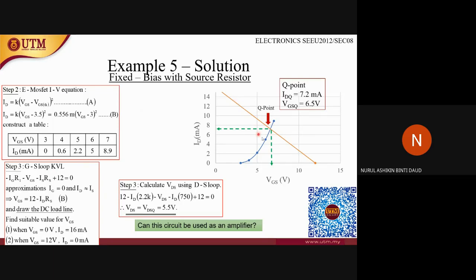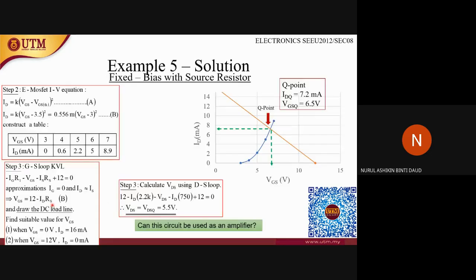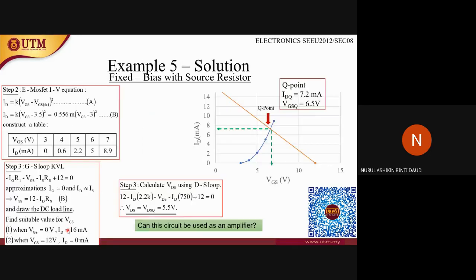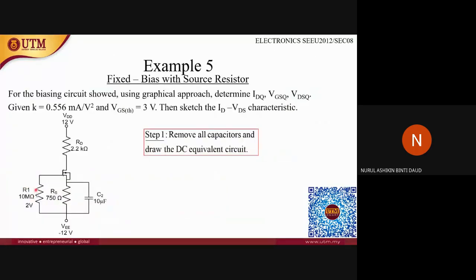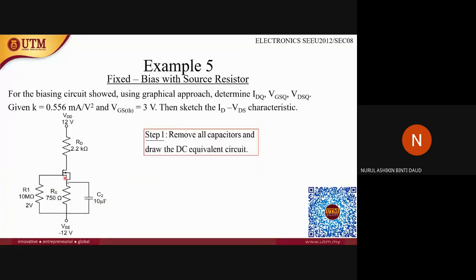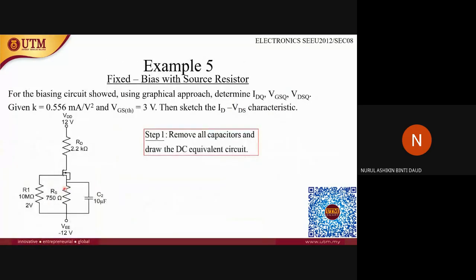In order to find the DC load line, we need to look at this VGS loop. In this VGS loop, there is 12 volts here, and then minus the potential drops here, and then minus the VGS value here, and then minus the potential drop at this resistor.